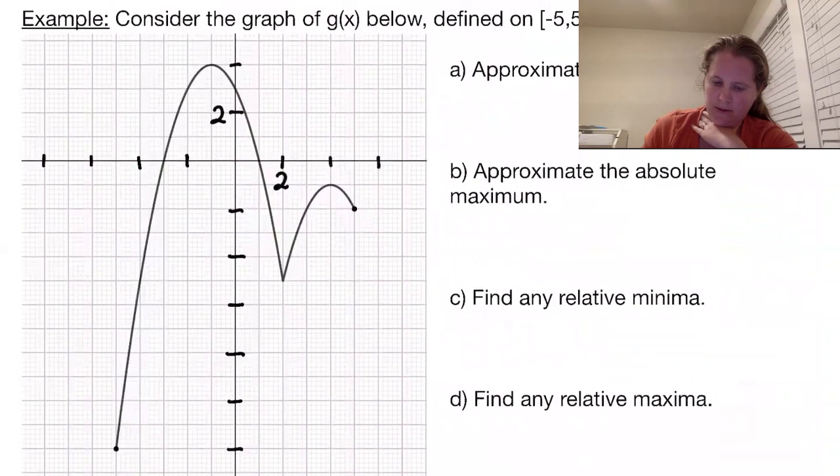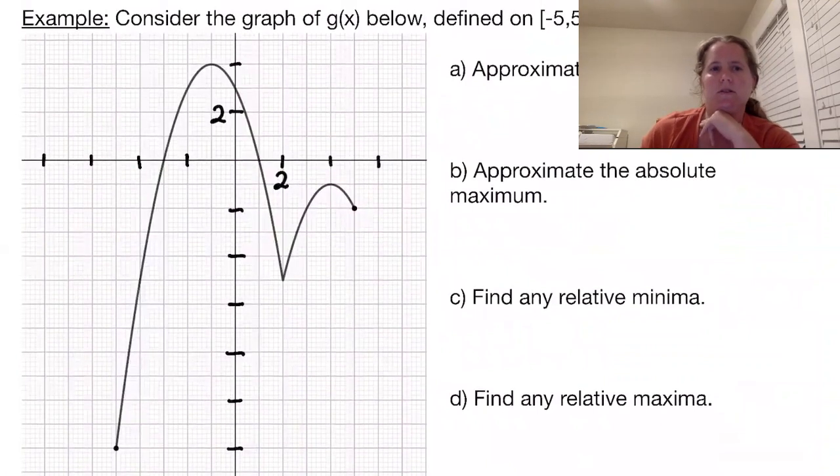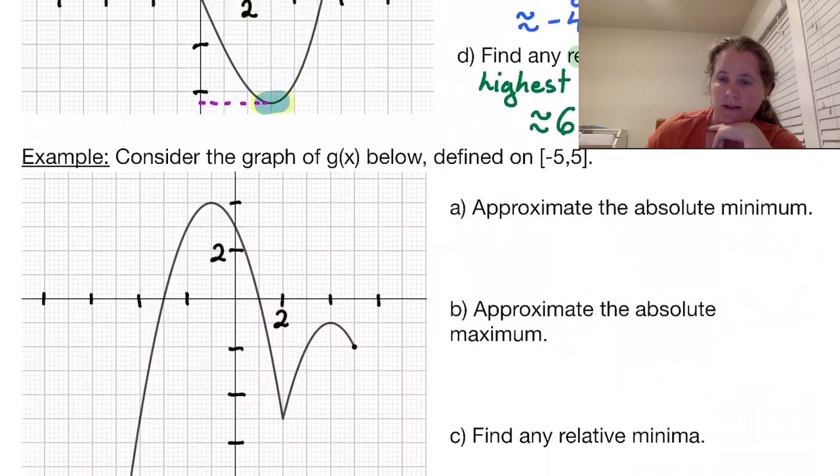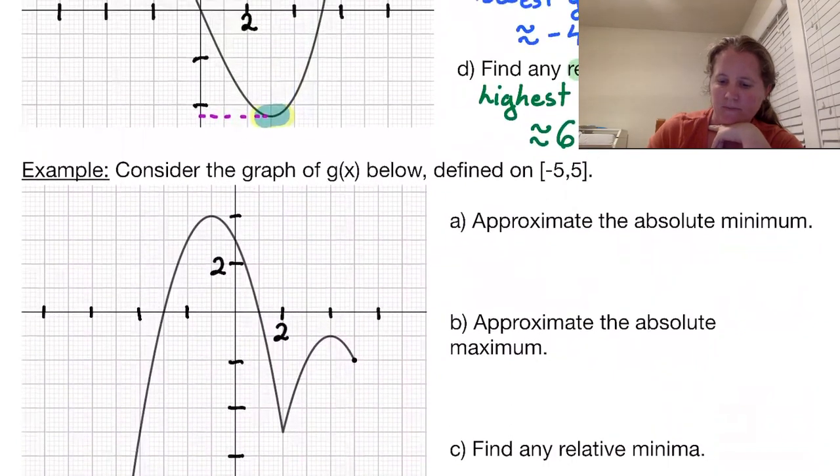All right, so we're going to look at one more. Now we consider the graph of g of x defined on -5 to 5. The first thing we want to do is approximate the absolute minimum. So again, for the absolute minimum, we're looking for the lowest point on the graph.